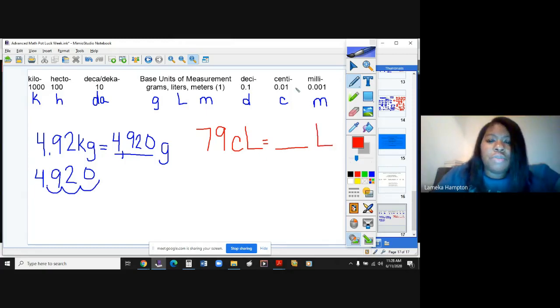So I'm going to go up here to my chart and say, okay, centiliter is represented by the C and the capital L. So centiliters, I'm going from centi to regular liters. That means I'm going to move my decimal 2 places to the right.